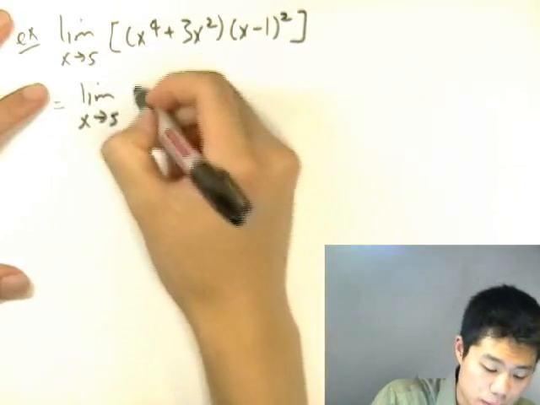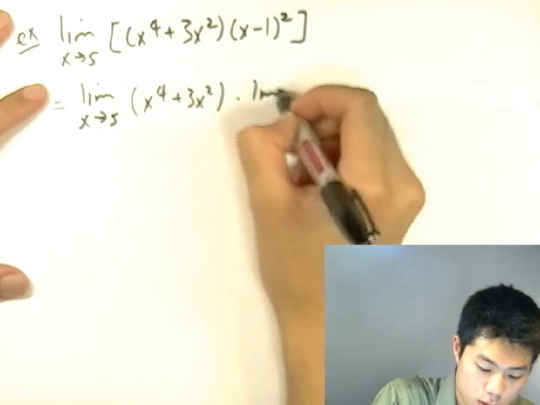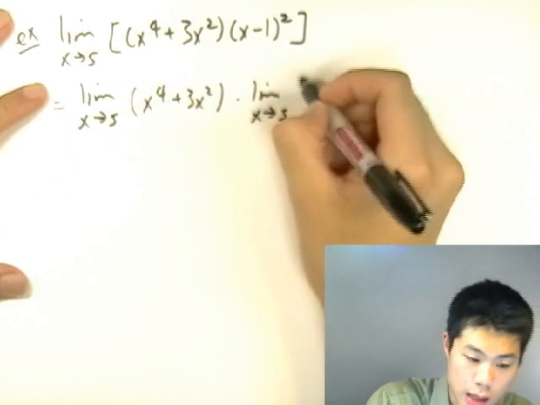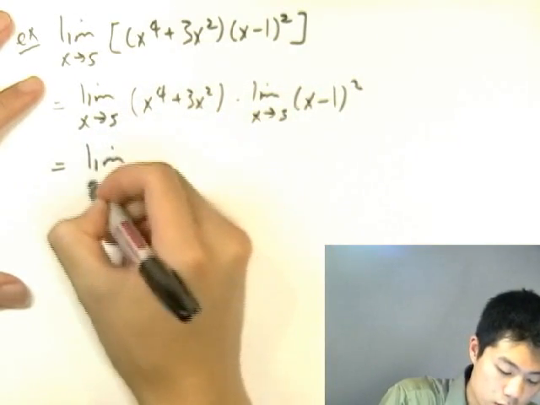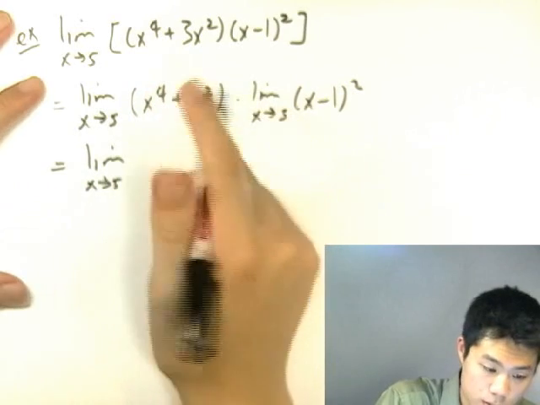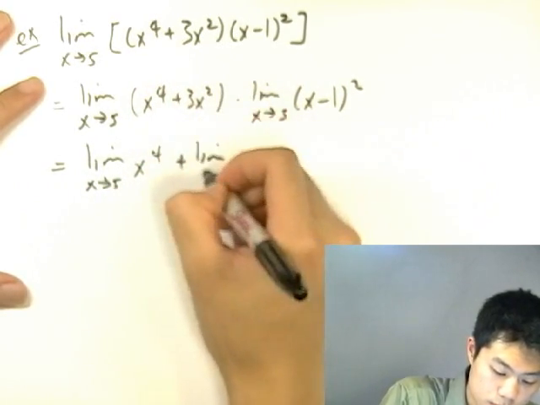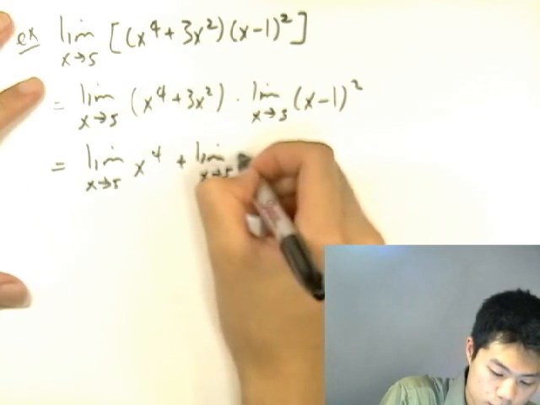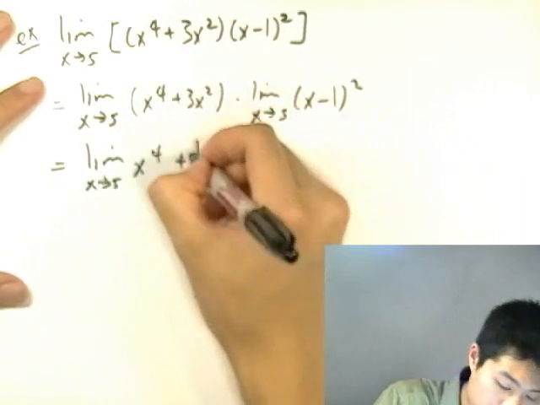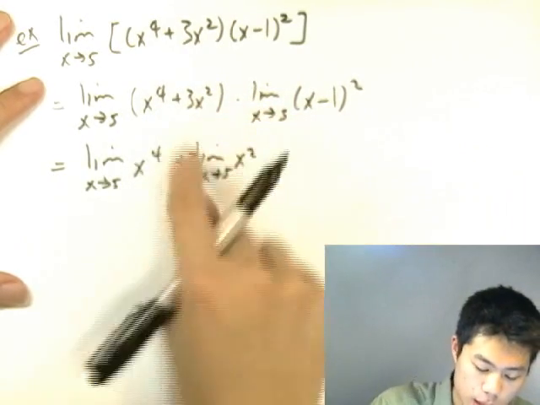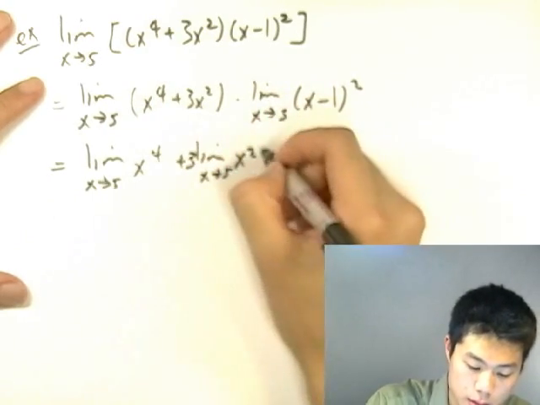We can break this up, and we're going to use direct substitution. Let's break up the first part. We can take out the 3 and put it in front of the limit. This reads plus 3 times the limit of x cubed as x approaches 5.